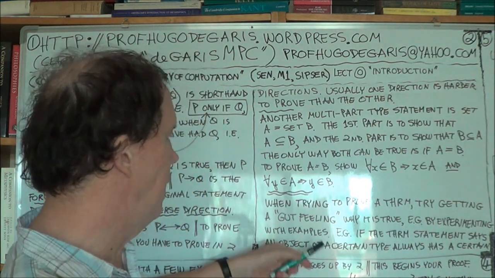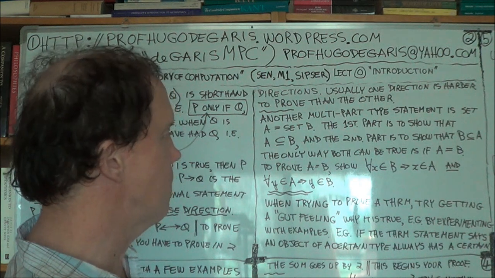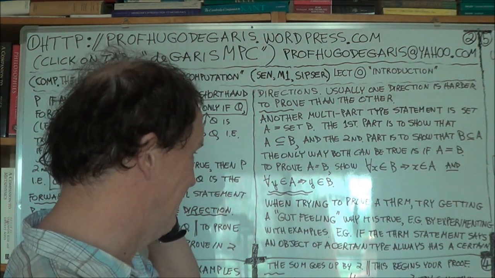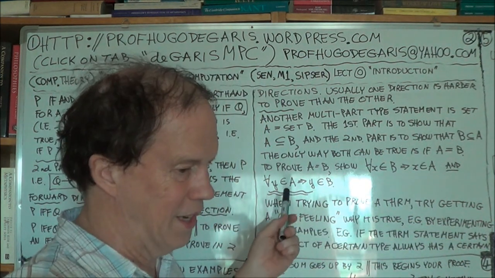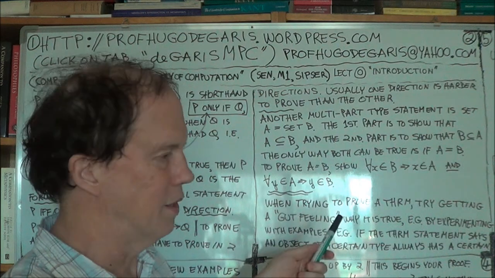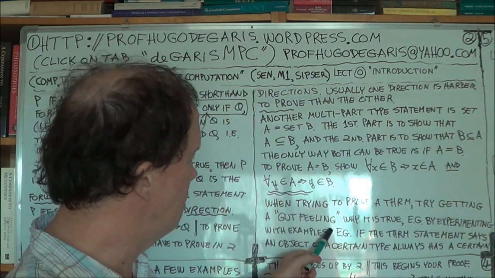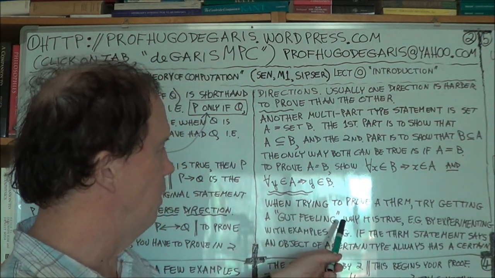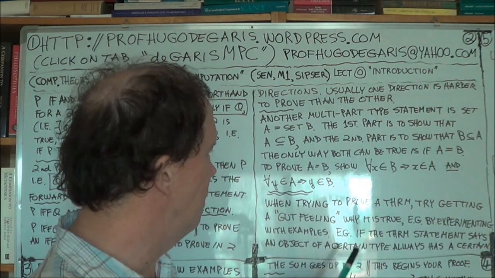So how do you go about proving something? Well, you need to get familiar with the problem. So you try to establish a kind of gut feeling, an intuition about the problem, of why you think maybe it's true.